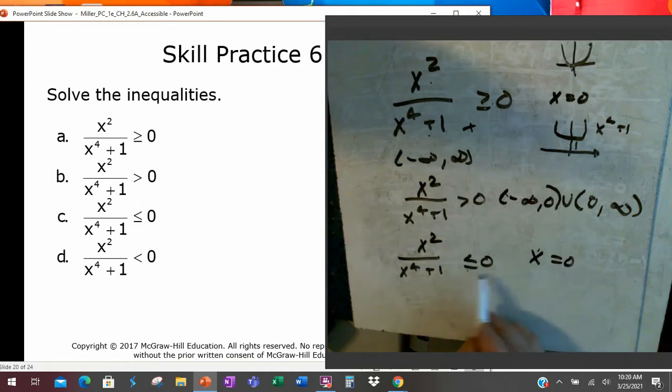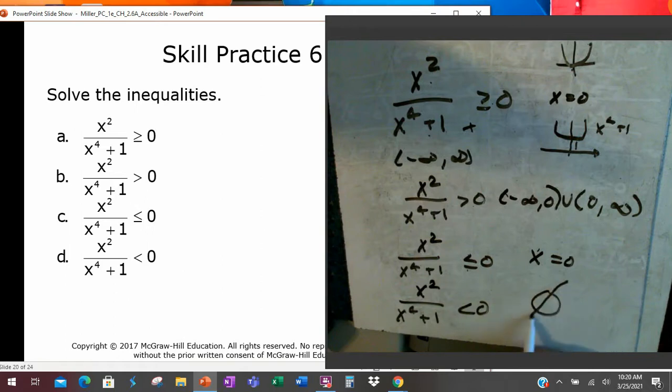This only works because equal to 0. And then finally, when is this equal to 0? That, no solution. This is the null set, empty set. Nothing's in there, there's no solution.